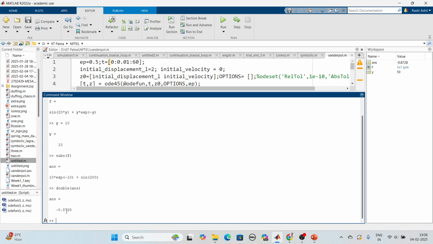In that case, using a calculator is a very hectic task and there is a chance of human error also. So in that case, we can use MATLAB to get the accurate solution.